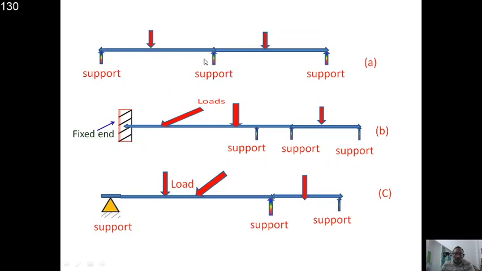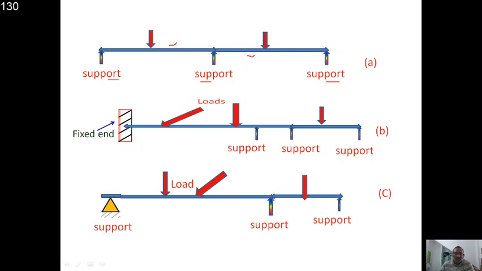In between the supports, a load starts at some distance from the LH side, and for the second span also a load is there from the RH side at some distance. If you count the supports, there are three supports in this one: support 1, support 2, support 3. There are more than two supports, and we count the spans as span 1, span 2. There are two spans, right?